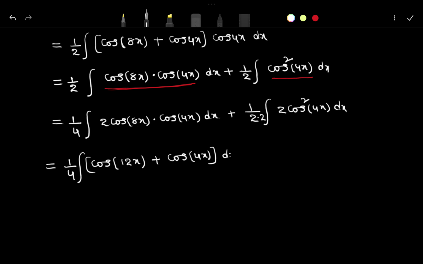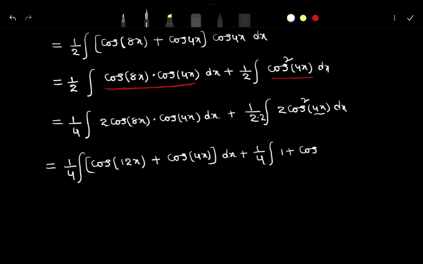dx, plus 1/4 into the integration of 2 cos square theta, and by the formula 2 cos square theta equals 1 plus cos 2 theta.